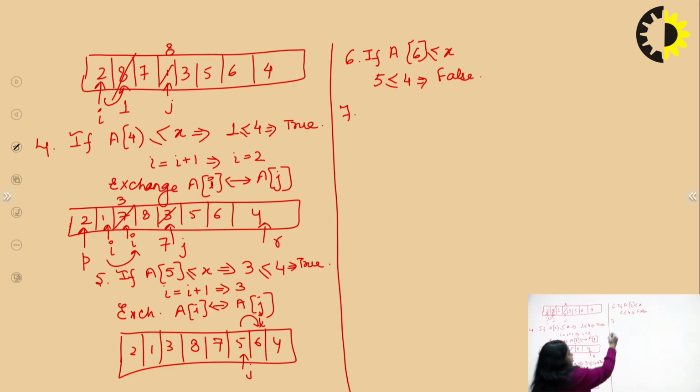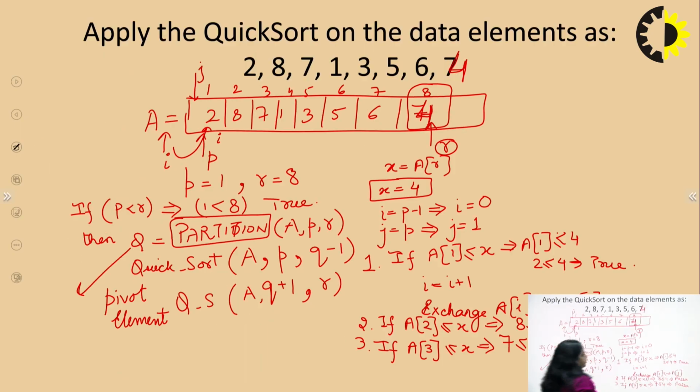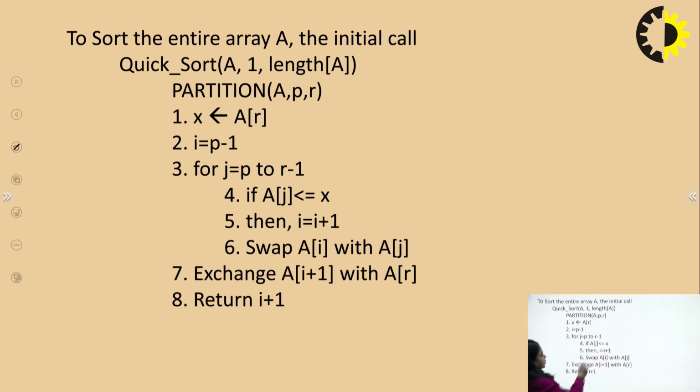So now if A7 is less than or equal to X, what is A7? That is 6. 6 is less than or equal to 4. Condition again false. Now according to the algorithm, we have to execute the loop up to r minus 1. So we have executed the complete for loop.